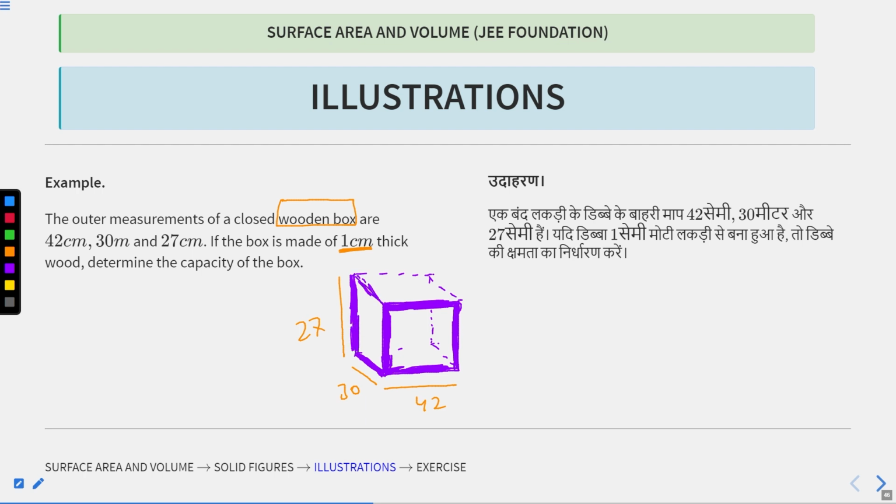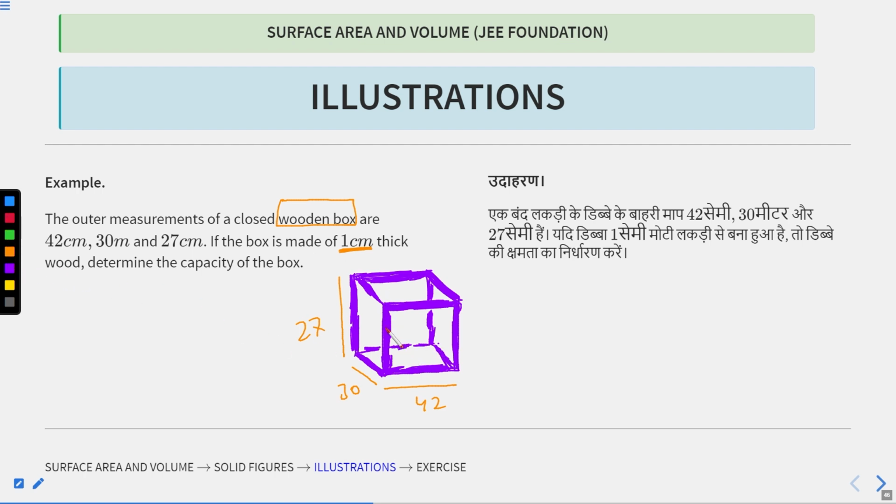I hope all is clear to you. The question is very clear about what it is asking. So this is my box and here I represented the thickness also.